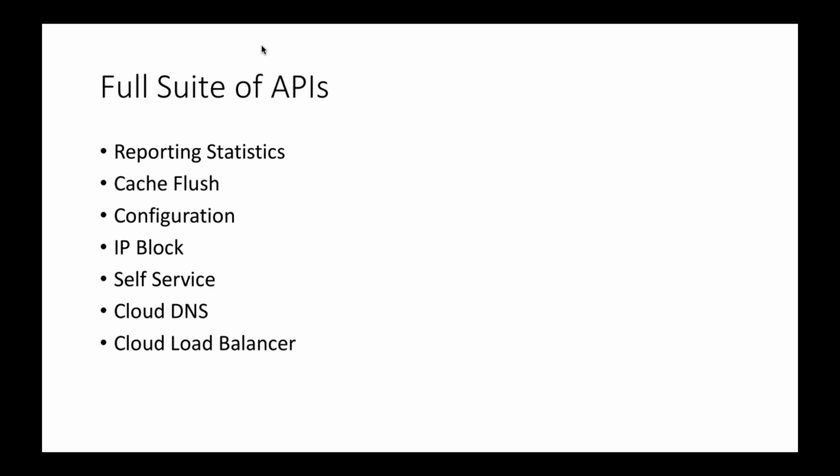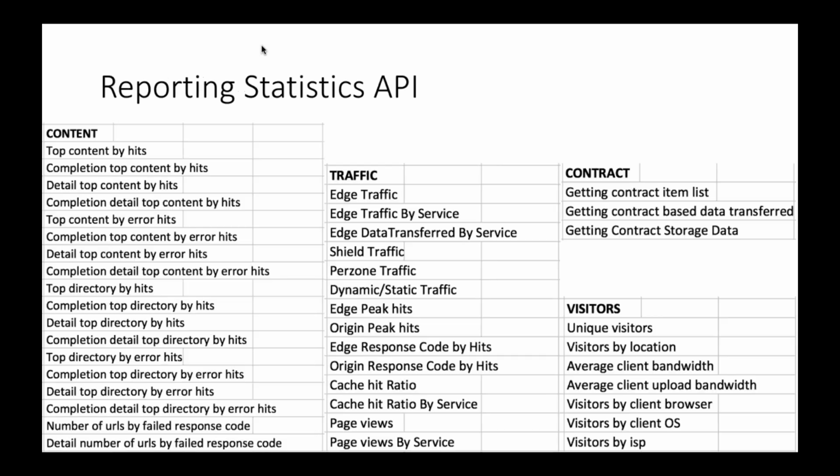Cloud DNS and load balancer have just a different enough API that they start at a different base of the tree. But CDNetworks has a full suite of APIs. And today I'm just going to focus on one because I'm going to do a lot of background, because APIs can be complex depending on what level you've started at in terms of your background here.